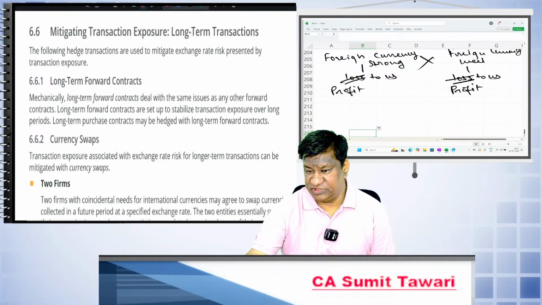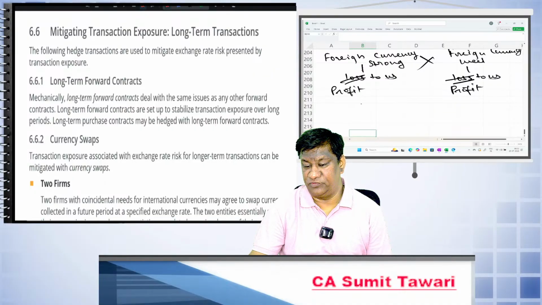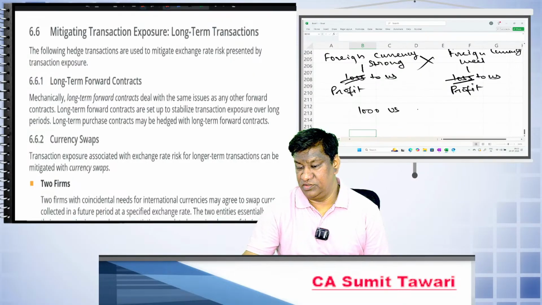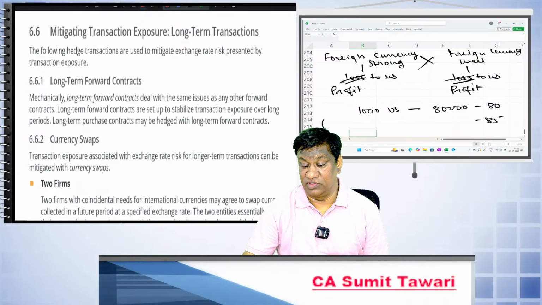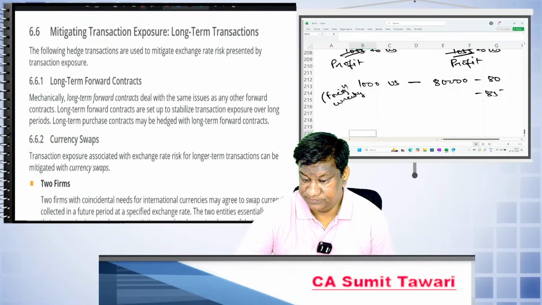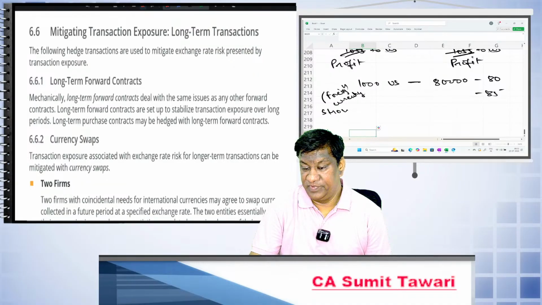Here the logic, I'm giving in number format. If today 1,000 US dollars I can buy at 80,000, the exchange rate is 80. If the exchange rate is 85, that means the foreign currency is stronger.